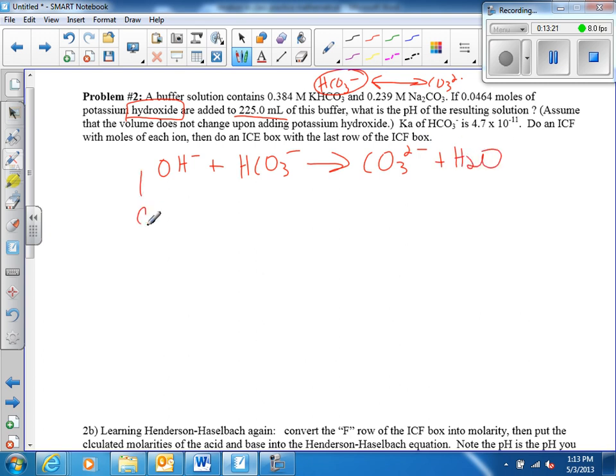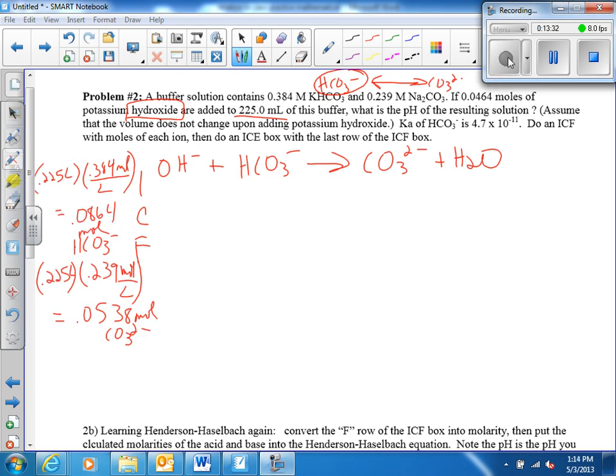Now in my ICF, I'm just going to do moles. So I've got to calculate my moles of carbonate and my moles of bicarbonate, or hydrogen carbonate. I'm going to pause this and just calculate that. Okay, in case you're wondering, I did the calculations on the left here. I just used my molarities and the volume for the bicarbonate to get the bicarbonate moles right here, and I'll put those right here.